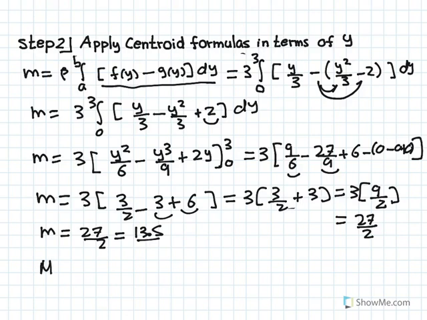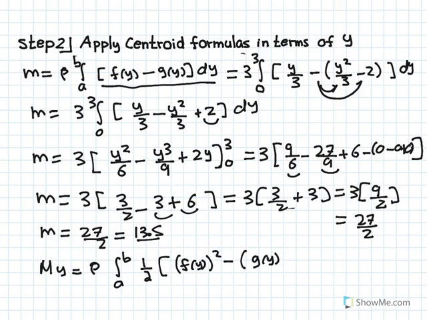All right, let's look at the formula for the moment with respect to the y-axis. This is going to be rho times the integral from a to b of 1 half, right function squared, f of y all squared, minus left function squared, g of y all squared, integrate with respect to y.